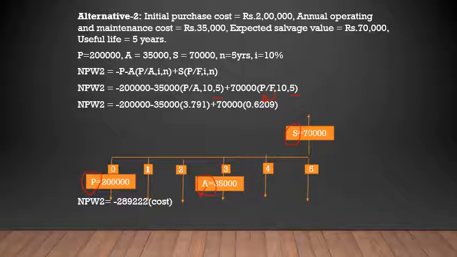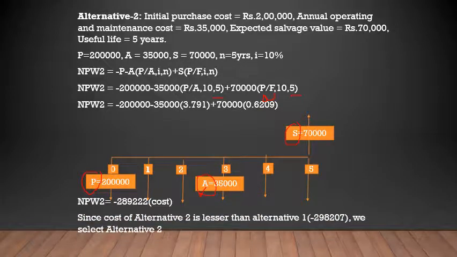So now write the conclusion. Based on the net present worth of the two alternatives, what do we find? The cost of alternative 2 is lesser than alternative 1. Alternative 1 had minus 298,207, which is higher, whereas here I have 289,222. So NPW is better, the burden is lesser for me.